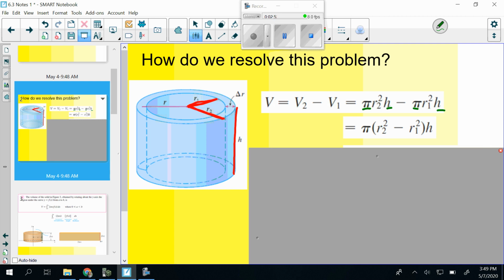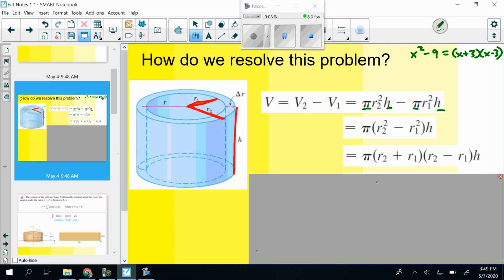That's a difference of squares, just like if I had x squared minus 9, that's factorable into x plus 3 and x minus 3. We're going to use that same trick here. So if we factor that into a difference of squares, we get r2 plus r1 and r2 minus r1.